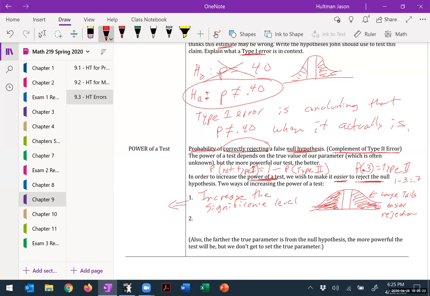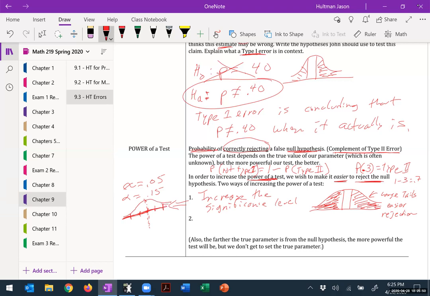Well, say that we go from alpha of 0.05 to alpha of 0.15. What does that mean? Say I have these values, and I know what the standard deviations are, and I know that this is the middle.